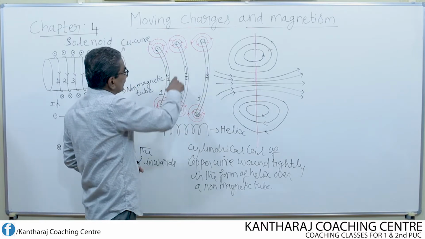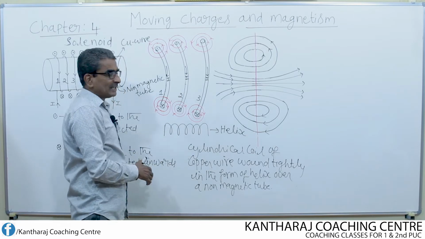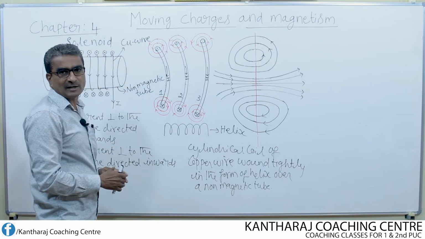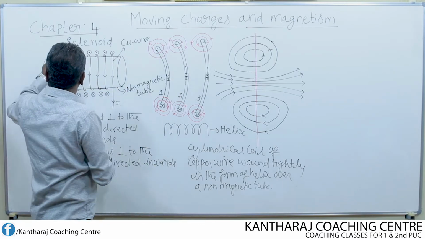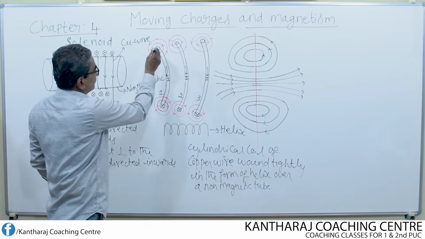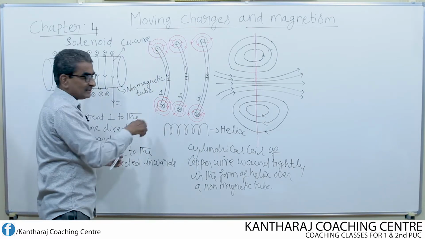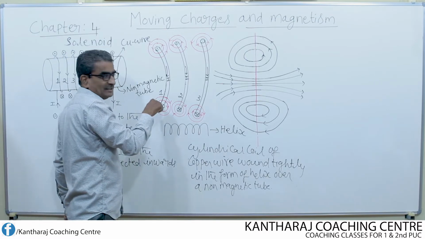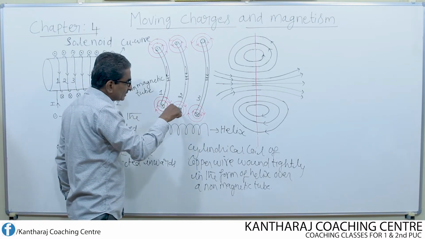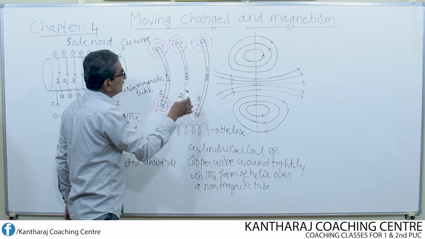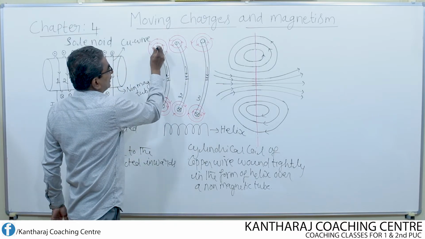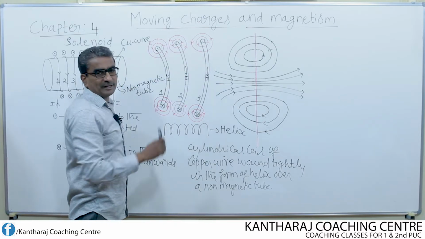So through each turn now the current is flowing in the downward direction according to this diagram, whereas at the top, as indicated here, the current comes out like this perpendicular to the plane, whereas at the bottom of each turn the current flows inwards like this, and even through this turn it flows inwards, again inwards, whereas at the top of each turn it comes out like this, perpendicular to the plane.